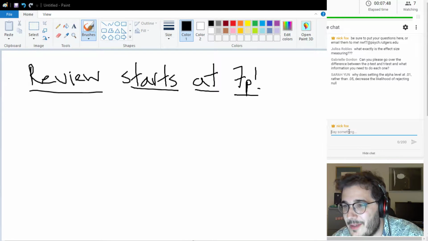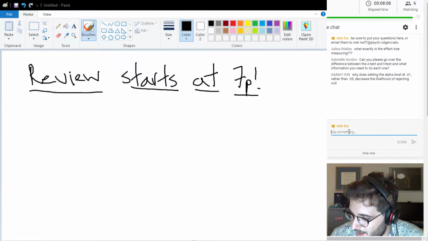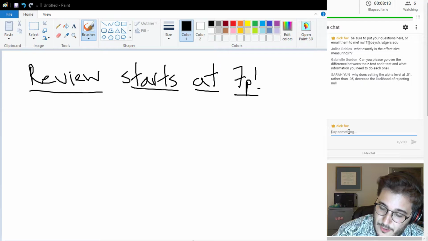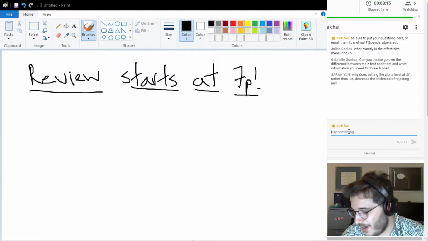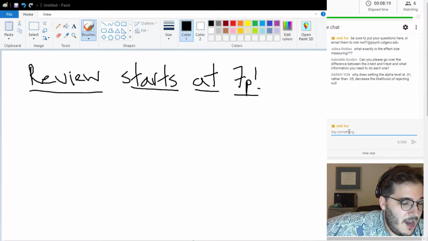Oh, good, so many coming through. Okay, z-test and t-test, good. Why does setting the alpha level at 0.01 rather than 0.05 decrease the likelihood of rejecting the null? Okay, we can do that too. Very good. Let's just officially wait till 7, so that way people who are getting out of class or driving home can be a part too.